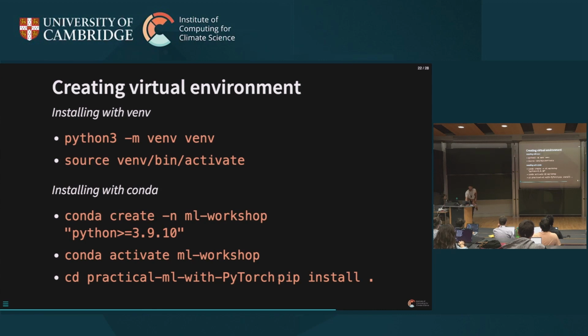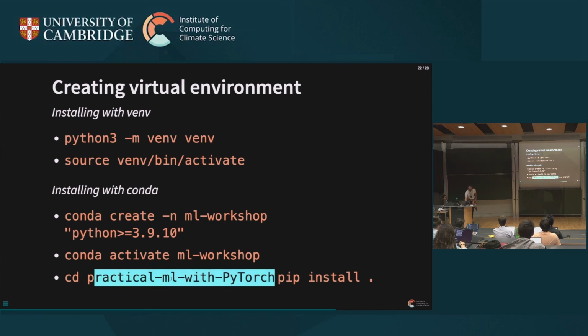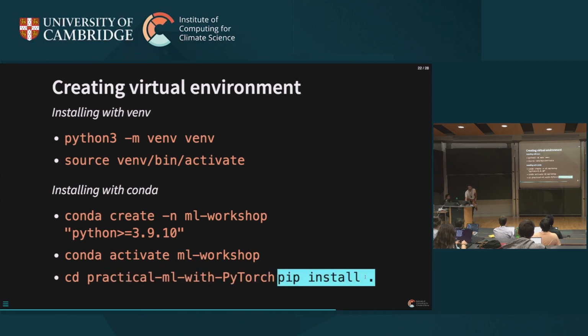There's a slight error with the slide here. So obviously, you cd into the directory and then you pip install dot. Regardless of whether you use a virtual environment or a Conda environment, the step is the same: pip install. Yes, so within the repo, cd into the directory and then pip install.